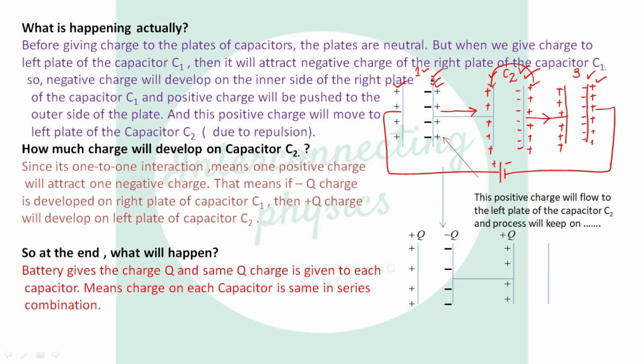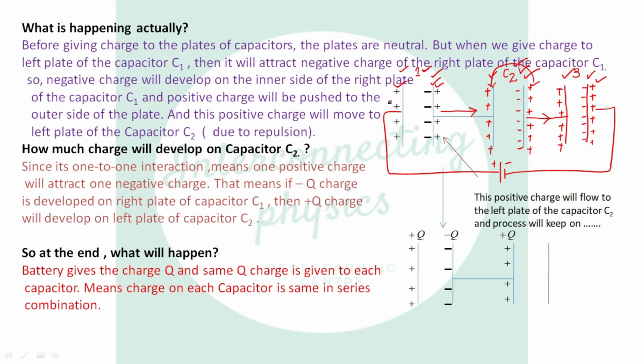Similarly, the right plate of capacitor 1 becomes negatively charged, because positive charge is moving toward the plate of capacitor 2 and again capacitor 3. So the left plates of all the capacitors are positively charged and the right plates of all the capacitors are negatively charged. And how much charge will flow to capacitor 2?